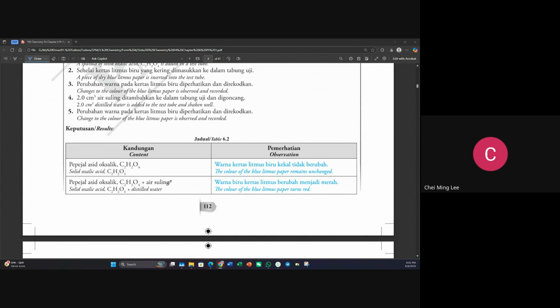Then I use blue litmus paper to test the acidity. Of course, the solid one does not change the blue litmus paper. But the one with distilled water, meaning the dissolved oxalic acid, turns the blue litmus paper red.